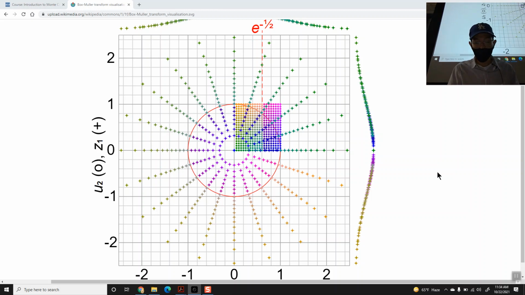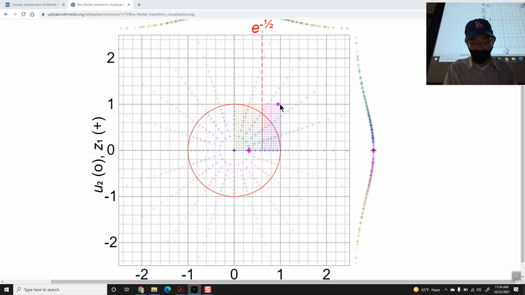These dots here correspond to generating two values between 0 and 1. So we can generate values where x is close to 0 and y ranges anywhere from 0 to 1, and we can generate where x gets bigger, anywhere from 0 to 1. And so this square represents two random uniform values from 0 to 1.